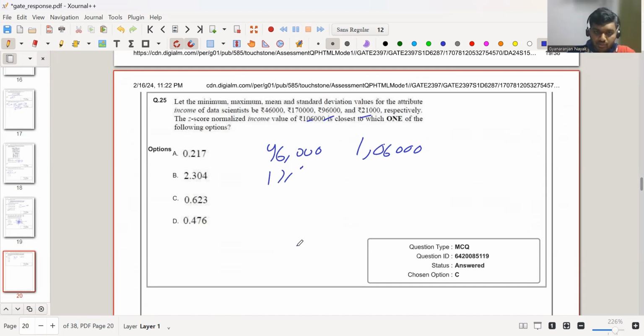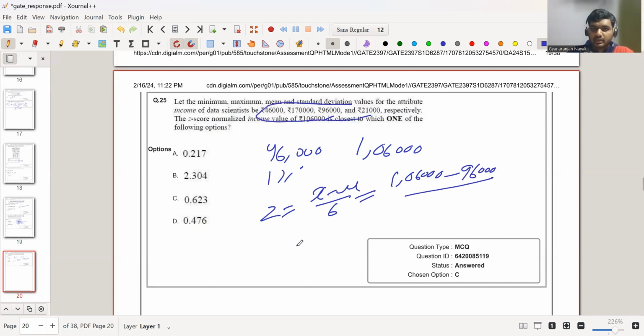You know Z equals x minus mu divided by sigma. Here mu is the mean, so 1,06,000 minus mu, which is 96,000, divided by sigma, the standard deviation, that is 21,000.